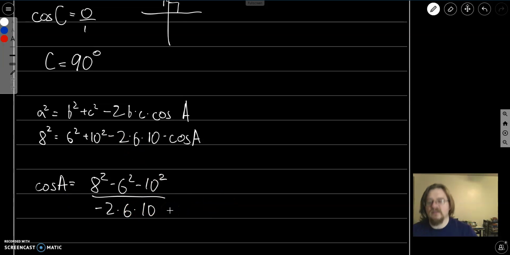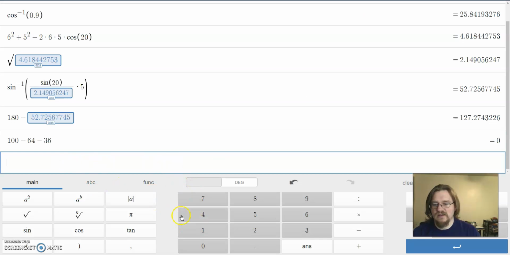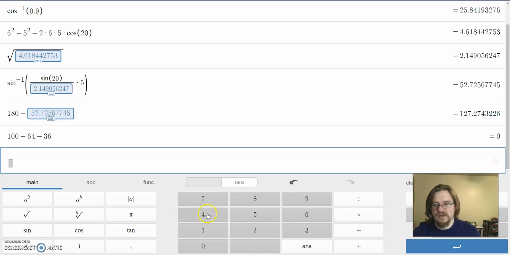This is not something that I can do very easily in my head, and it doesn't cancel out like the last one did. So let's write all this down. I'm going to put this as a fraction.